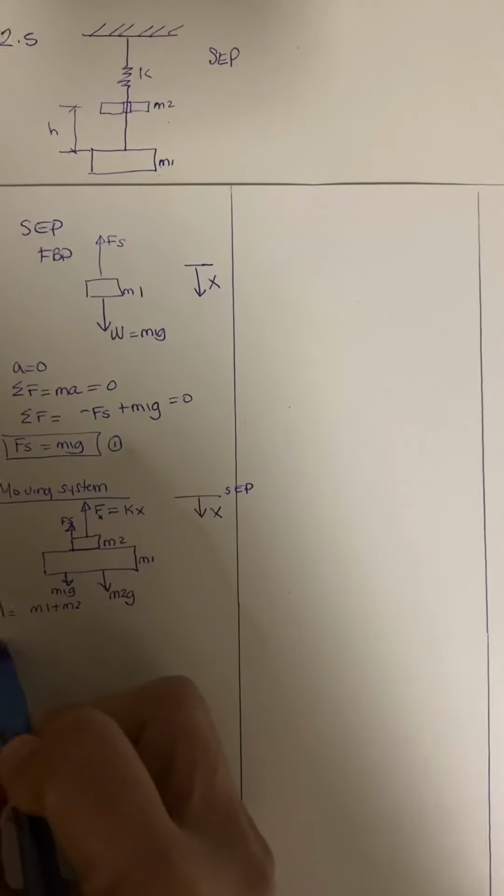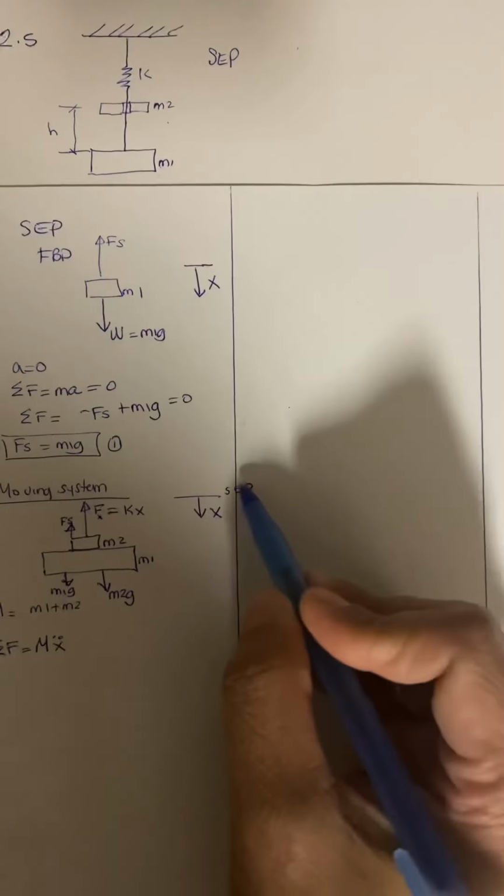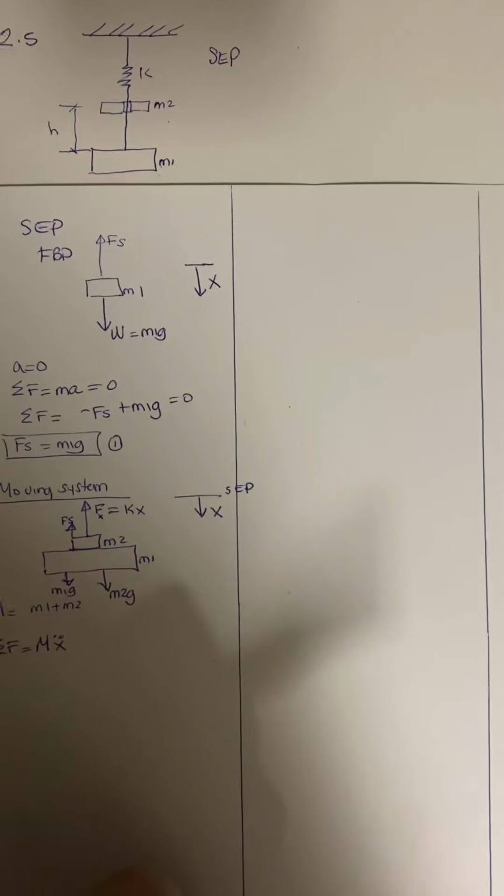So now, the sum of forces is equal to mass times the acceleration in the x direction.